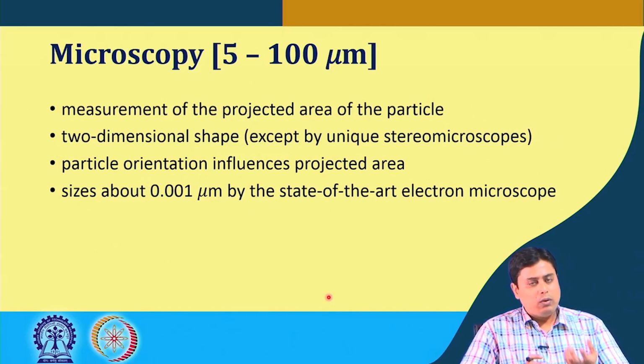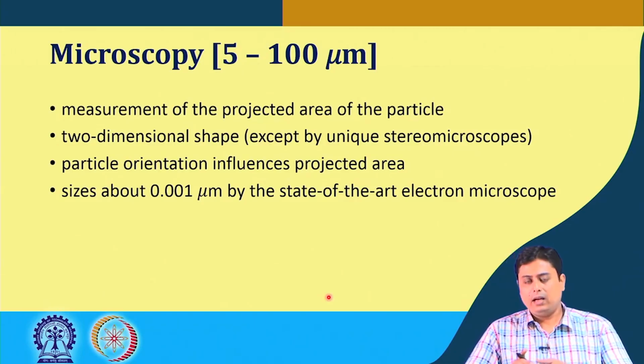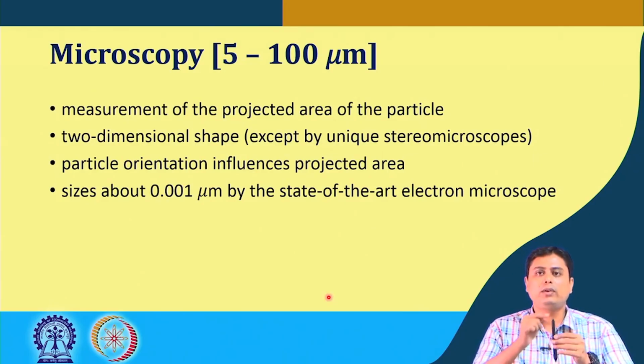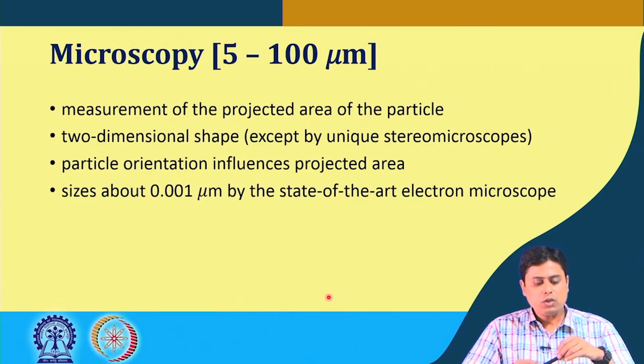So, the particle orientation, as I said during the sieving also, matters. If you see this type of particle under the microscope, you can determine its longitudinal distance, but if you put it like this, you can see only the top part, which you would see as a circular area. So, particle orientation basically influences this measurement process, like the sieving also.